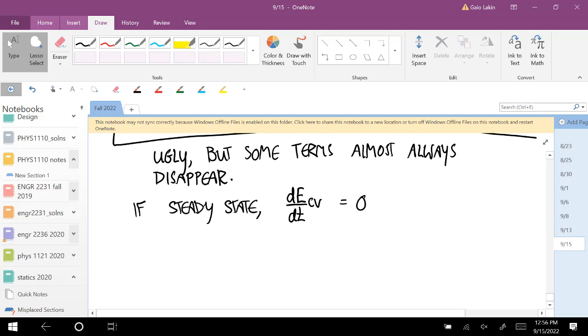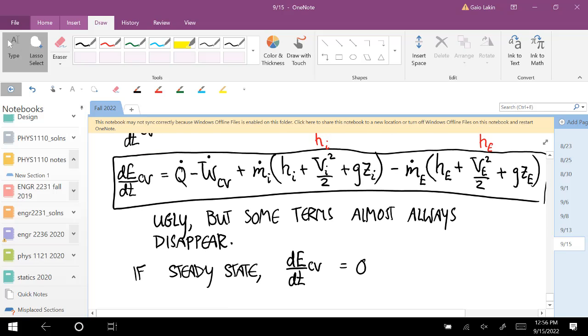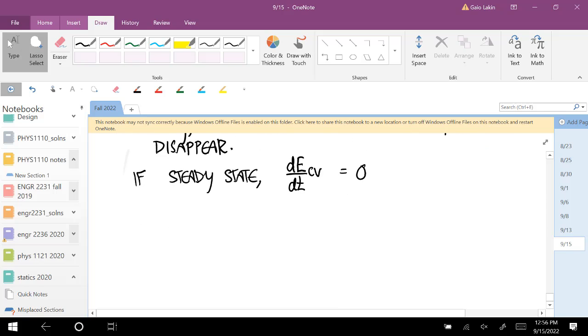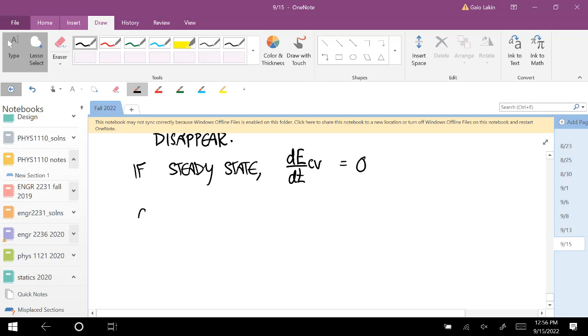Now a lot of times the rate of heat into the control volume, so Q dot, is equal to 0 if any of these are true.